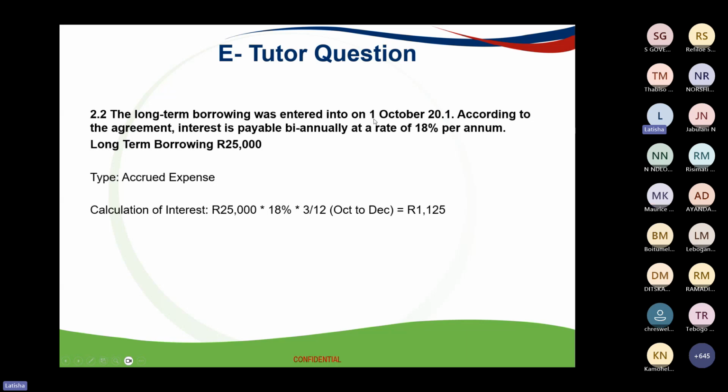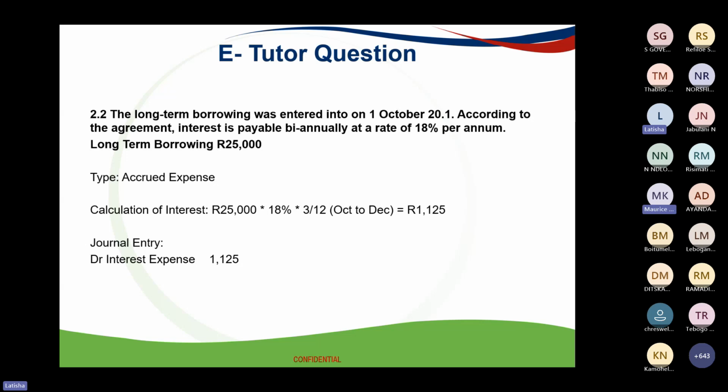And because this loan was only entered into on the 1st of October and our year end is 31 December, we've only had this loan for 3 months. So we only need to calculate interest expense for 3 out of 12 months. That's why I say times by 3 divided by 12. And that gives us 1,125 Rand. So that's the calculation of the interest expense that we owe.